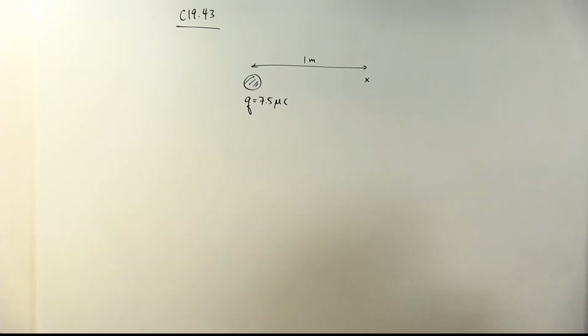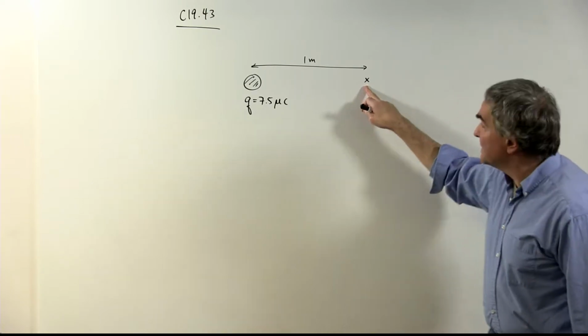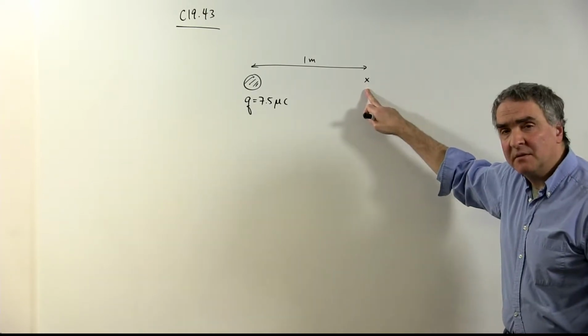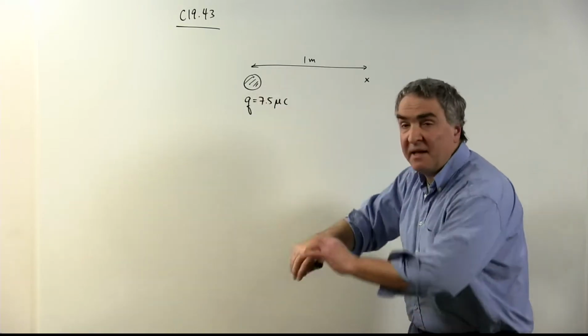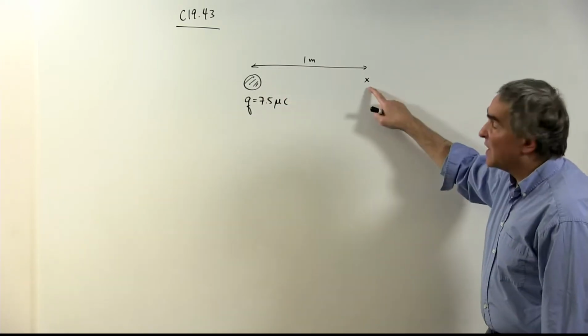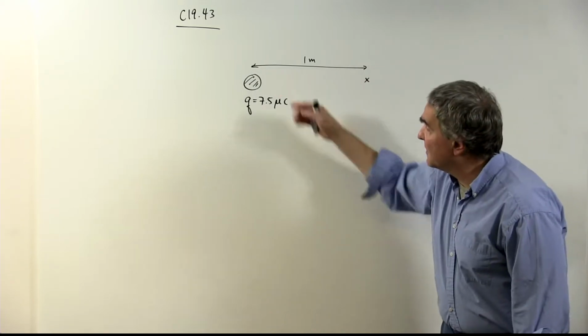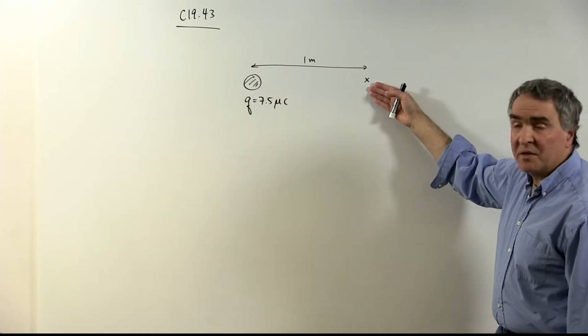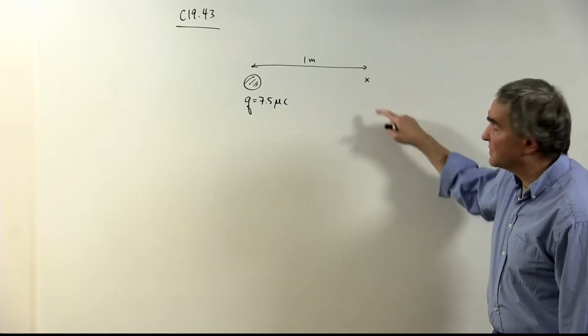Now, one thing I want to point out here is we're calculating the electric field here. There is no charge here to feel the effects of the field. Doesn't matter. This guy is creating the field everywhere, and we can calculate the field at any distance from the charge, whether we have a charge here or not, whether we have a charge in this location or not.